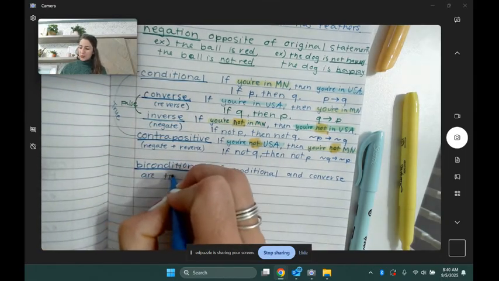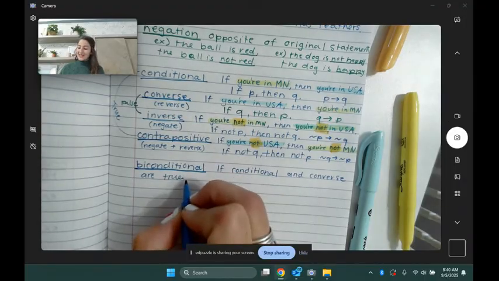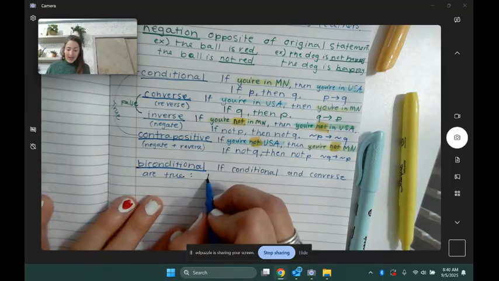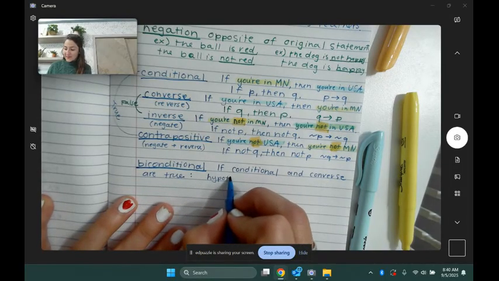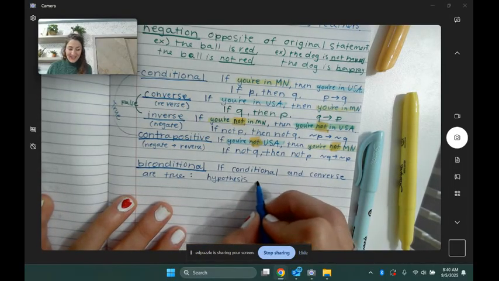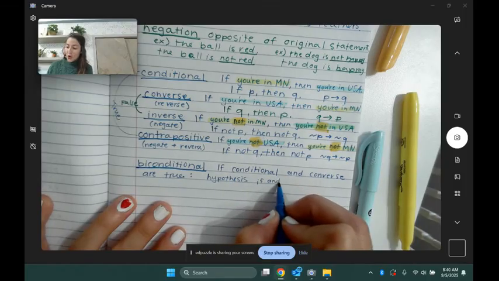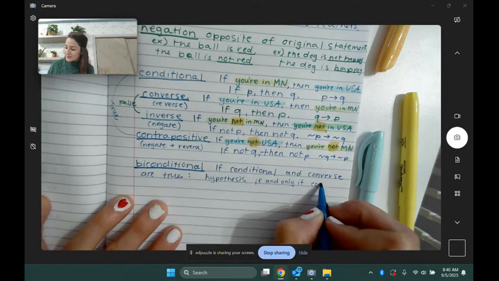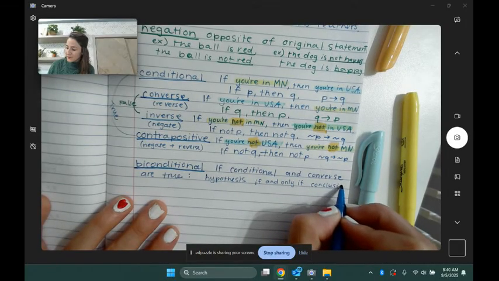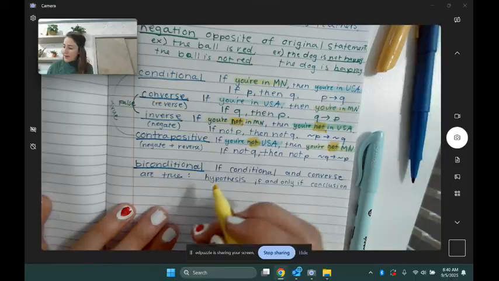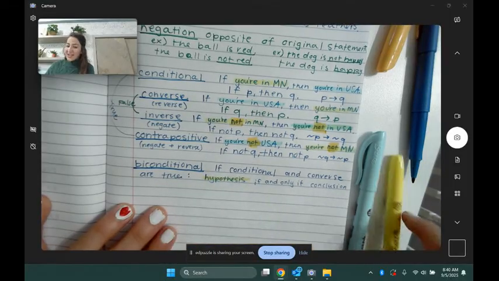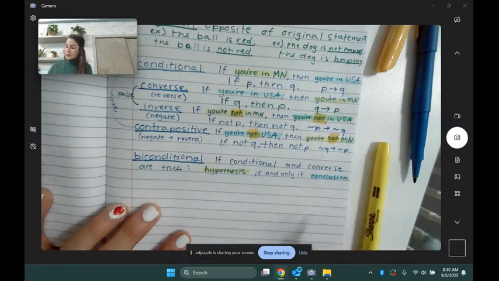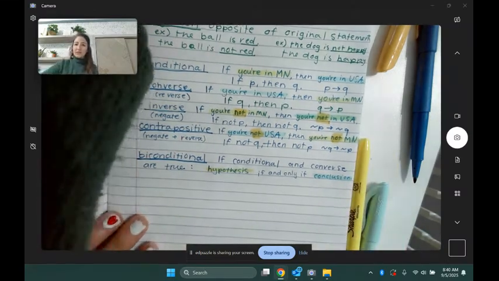If these are true, then you can write this: hypothesis, if and only if, conclusion.